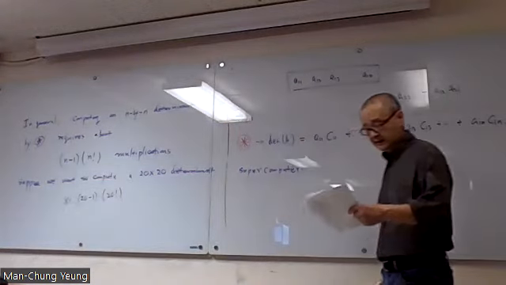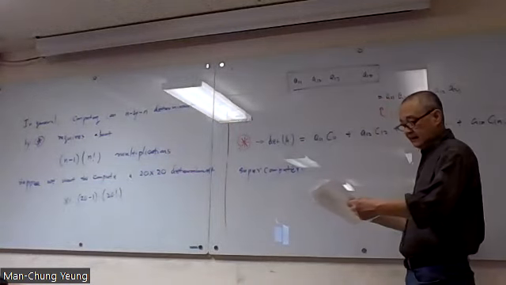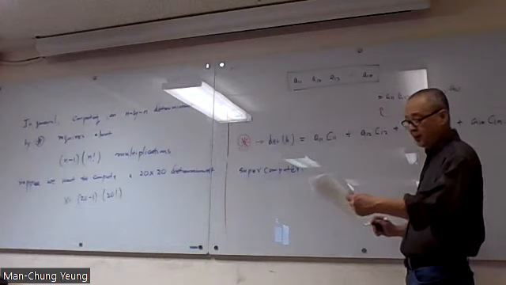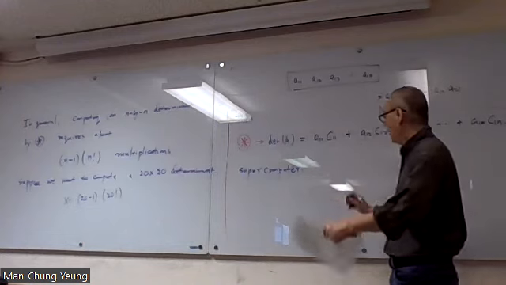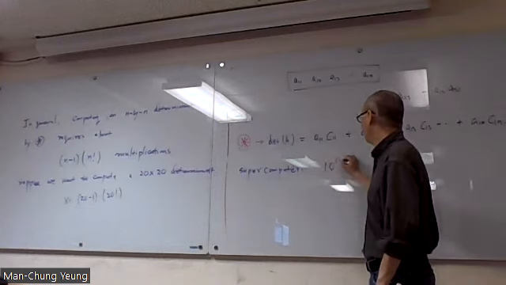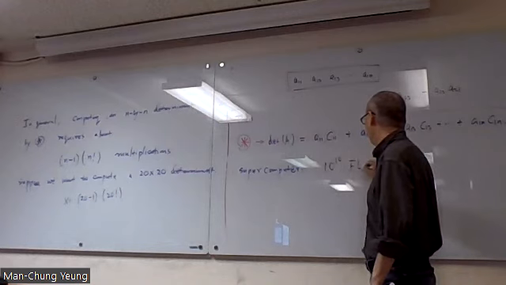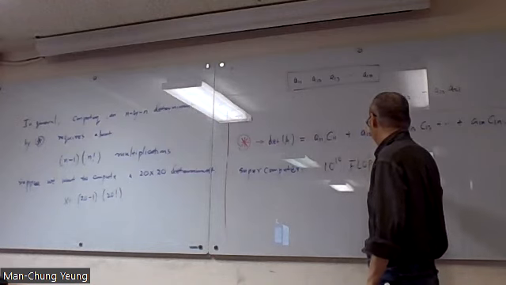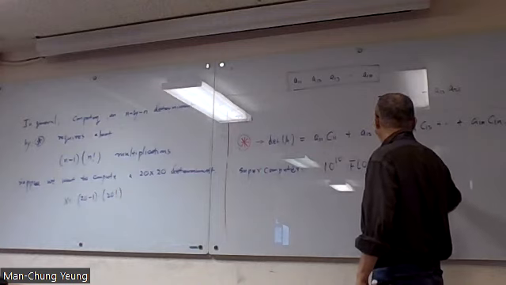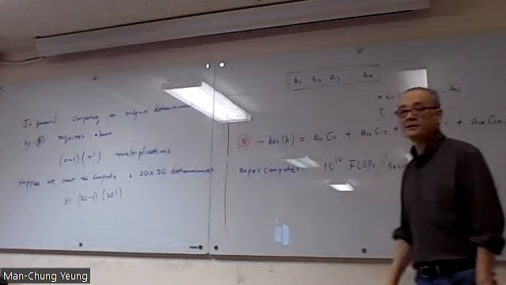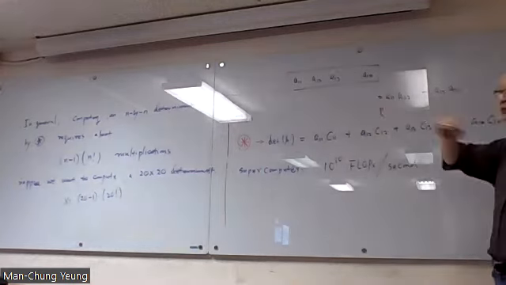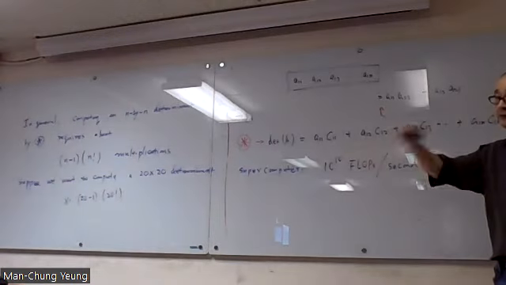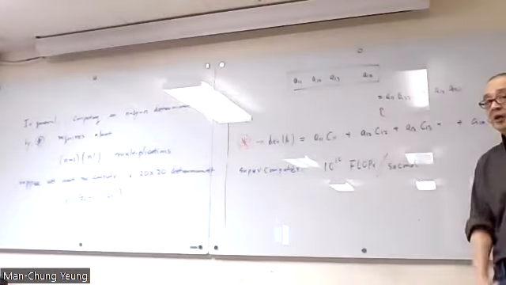This computer is very fast. Per second, how many floating point operations? Say for example, 10 to the 10 floating point operations per second. Very fast.